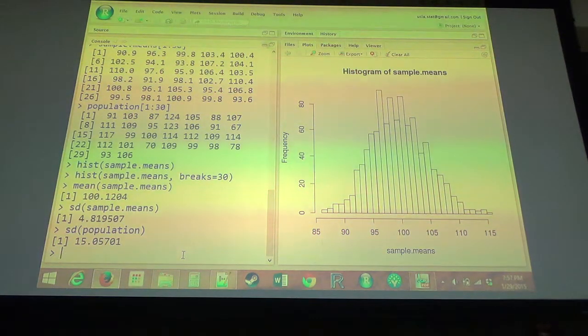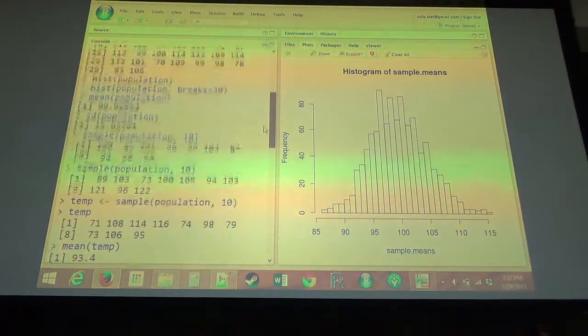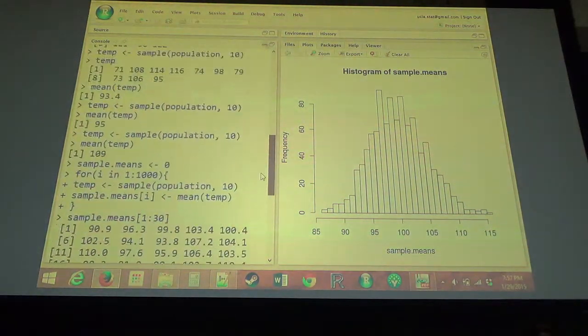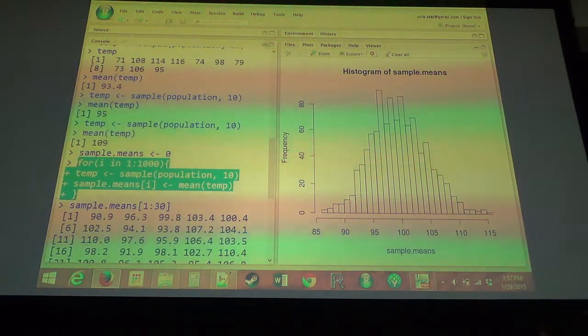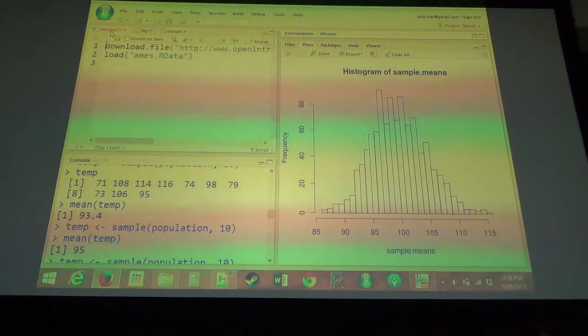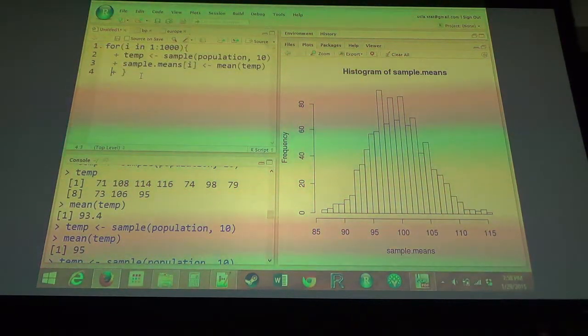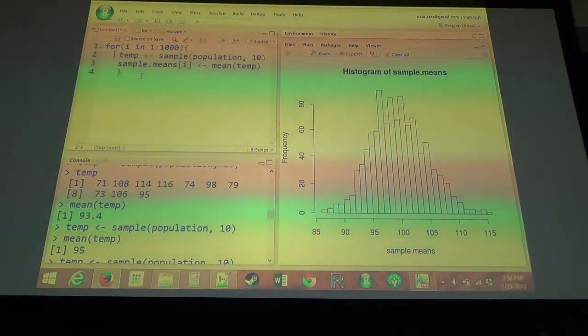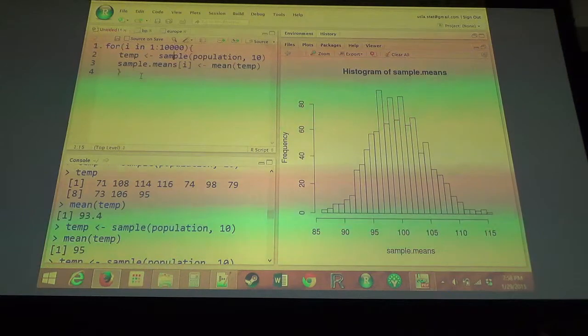I can repeat this. Just take this code here, and let's do 10,000 samples.